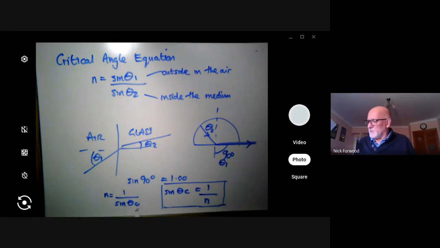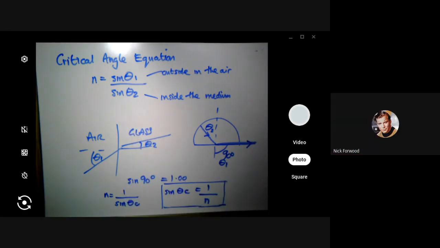It is just a rewrite of that, where you put theta 1 is 90, and theta 2 we're going to call the critical angle. And I've said it is about 40 degrees, but I have qualified that by saying it is about.